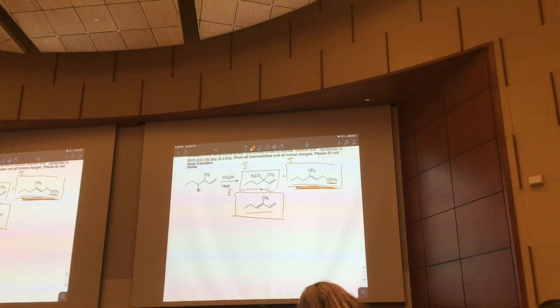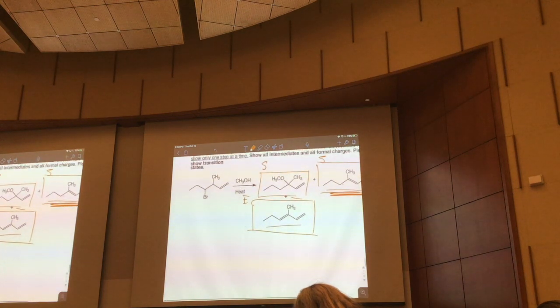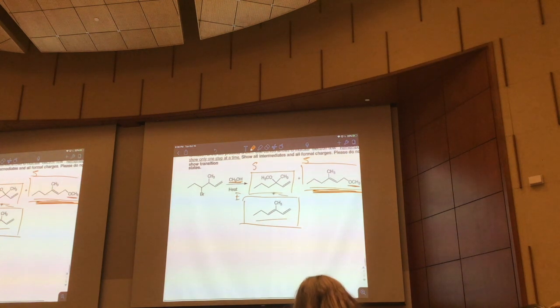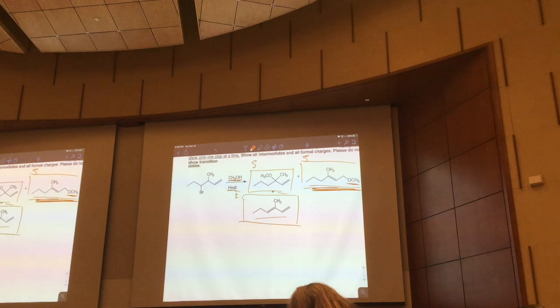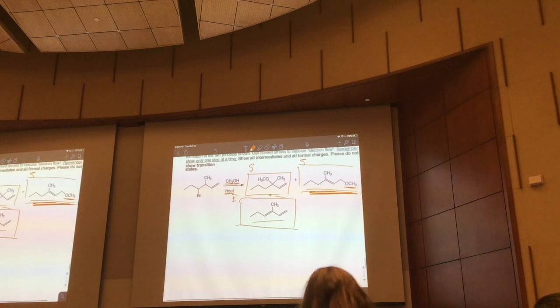SN1 and E1 typically go together. Let's confirm our suspicions. Let's see if there's anything else that can help us out. We have CH3OH. Strong or weak? Weak. What does that tell us about the order? First order. We pretty much already confirmed it. So that's great. The heat is going to help the leaving group leave. It's not really a solvent, so it's not going to help us any with that.